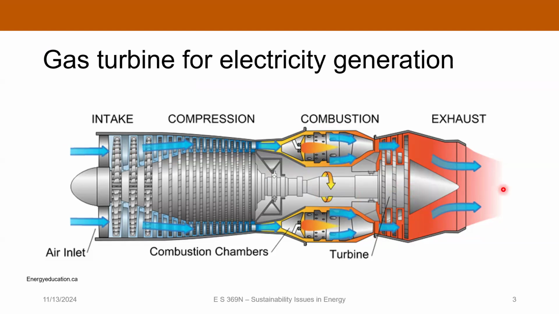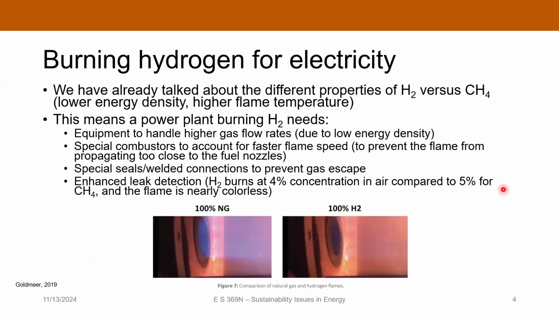It's a pretty simple system, but there are a couple of modifications you would need to make if you wanted to burn hydrogen in a turbine like this. Hydrogen has different properties compared to methane, including the lower energy density and the higher flame temperature.